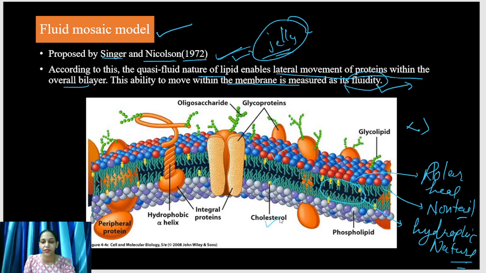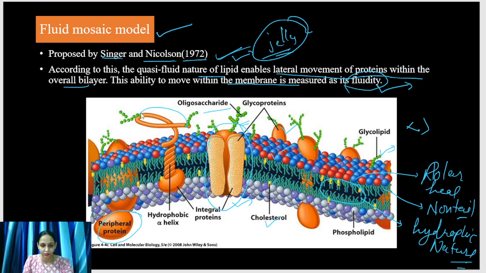Cholesterol is also present. These are glycoproteins, some of glycoproteins, glycolipids, oligosaccharides. Peripheral protein lie on the surface of the membrane. Integral proteins totally, completely in the membrane. Hydrophobic alpha helix.